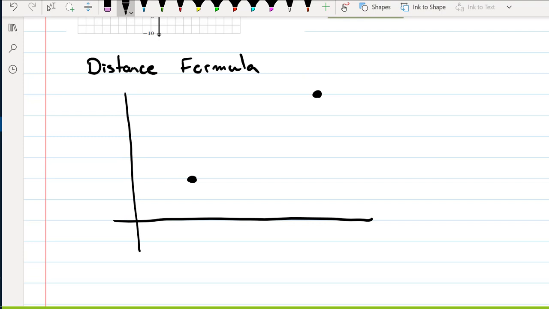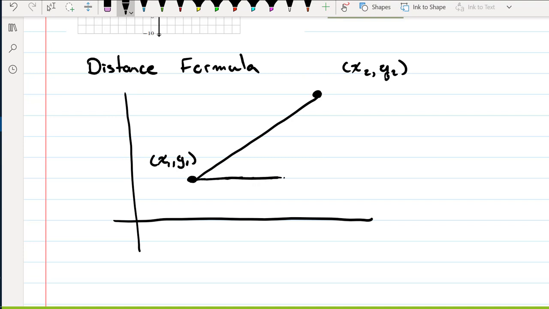So I'm going to call this point x1, y1, and I'm going to call this point x2, y2. So I'm looking for the distance between these 2 points. So if I wanted to find them, my goal is, I want to create a triangle.